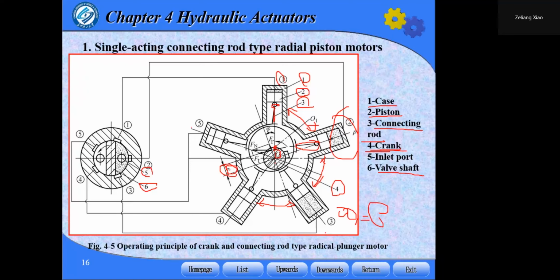Cylinders 1, 2, 3 are connected with high pressure oil, and the pistons are subject to high pressure oil, while the other cylinders are connected with the outlet port.